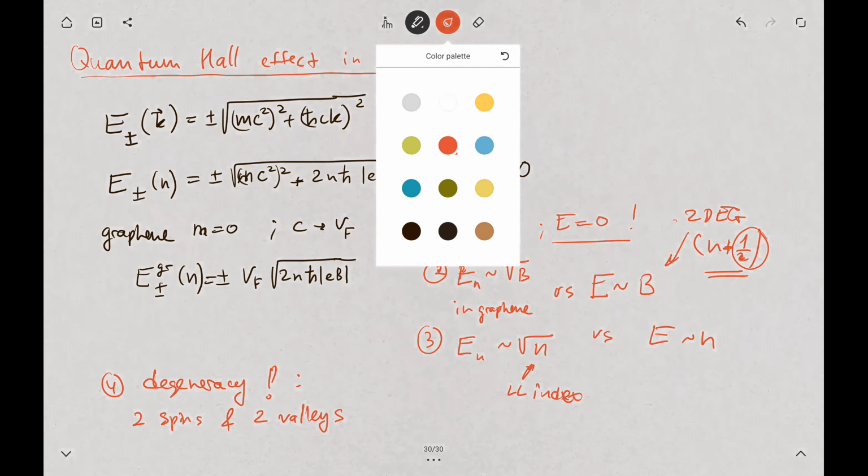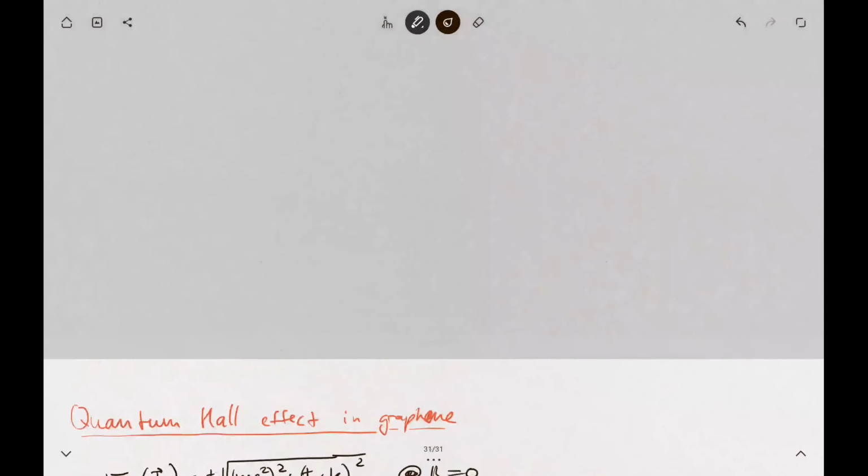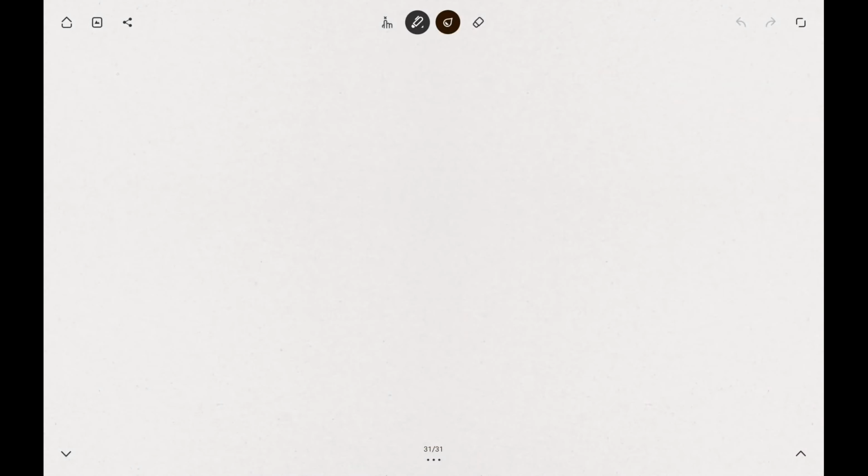Now we can write this down in terms of the degeneracy. So the filling factor is carrier density times h over eB.